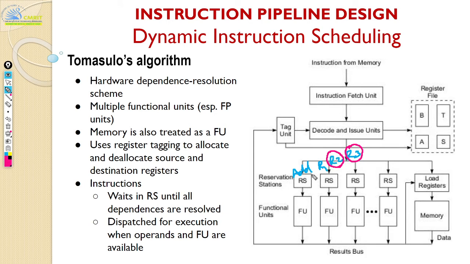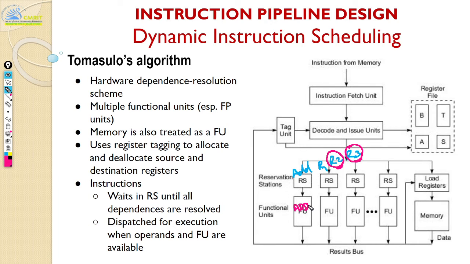And there is another dependency, called a structural dependency. It's because you need an adder, so the functional unit adder should be free. Maybe this unit is working on some other addition and is not free. The reservation station keeps track of both the operands and the functional unit.